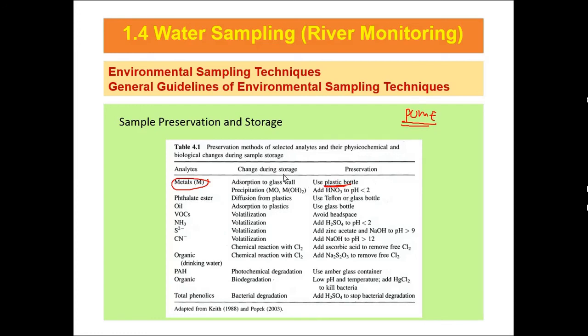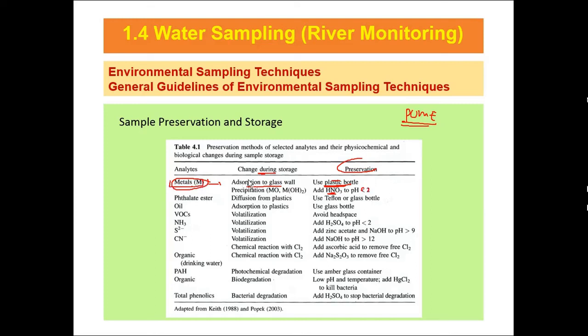During storage and preservation, with glass there is absorption to the glass wall, so the metal will be absorbed to the glass wall and precipitate. So for preservation you must use a plastic bottle and add nitric acid to make sure the pH is less than 2, to make sure the metal is not absorbed or precipitated during your storage.